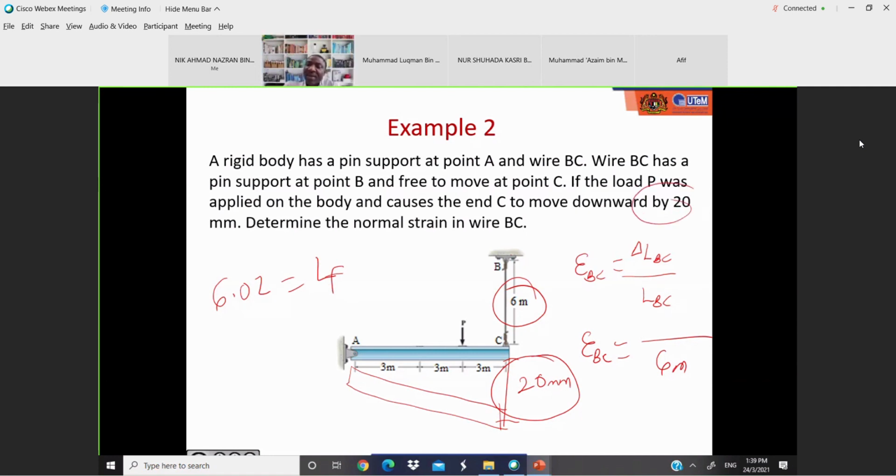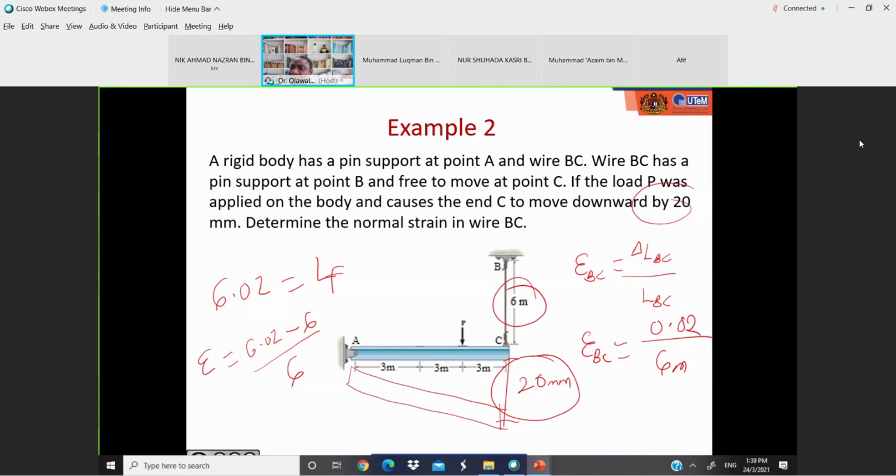So that's 0.02 divided by 6. So then you can calculate your epsilon. So easy, eh? If you want to use 6.02, then your epsilon is 6.02 minus 6, divided by 6, because 6.02 is your final length.